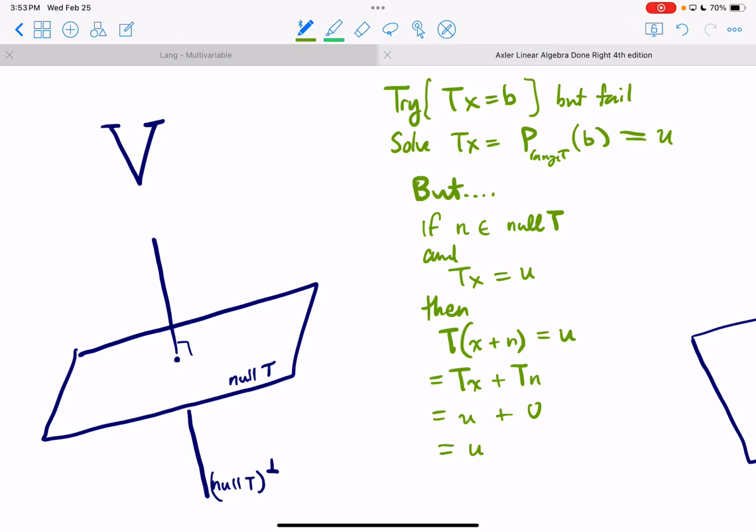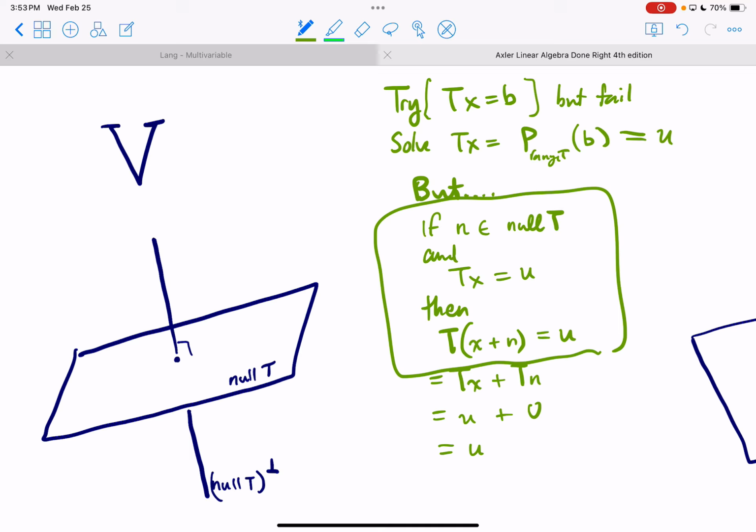Now, hold on. You need to understand this piece. If I take anything in the null space and I have my solution Tx equals u, I actually have a solution. Like I found a solution x and Tx equals u. I'm so happy.